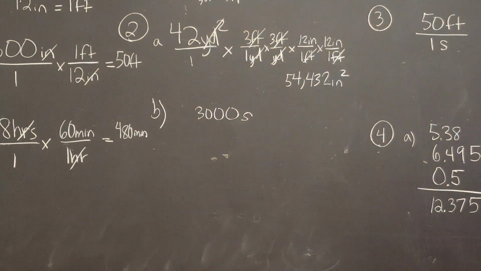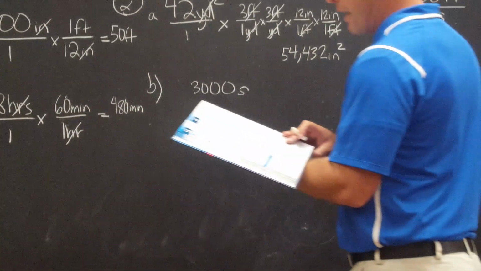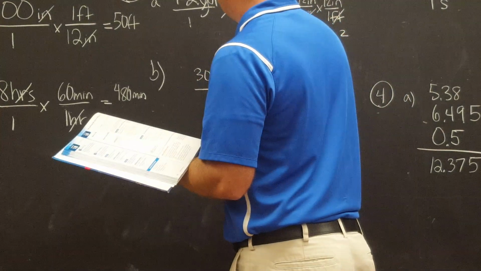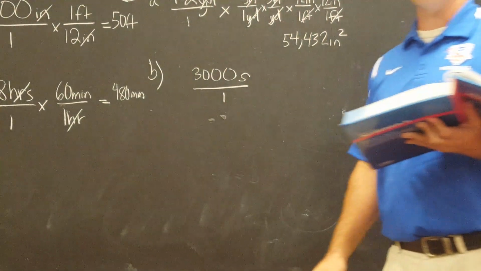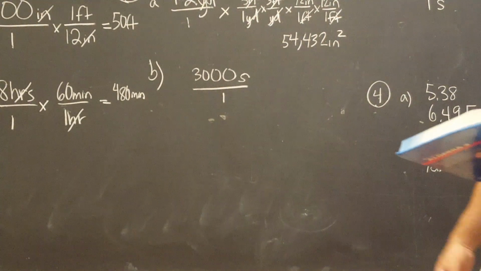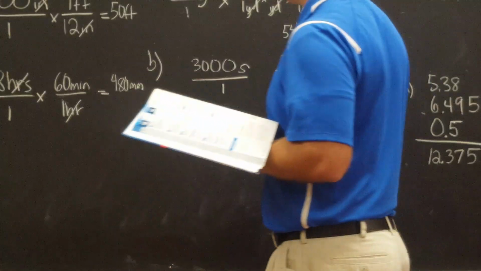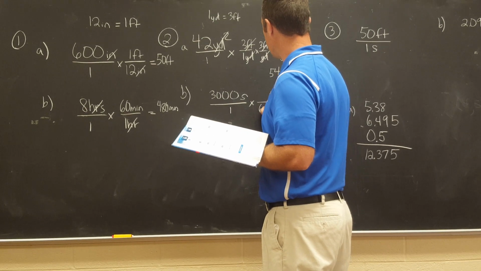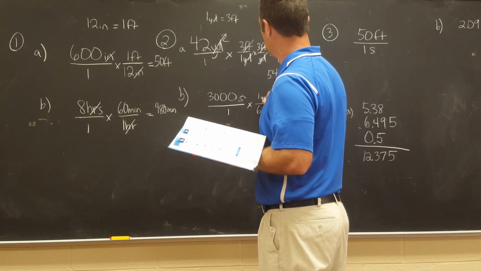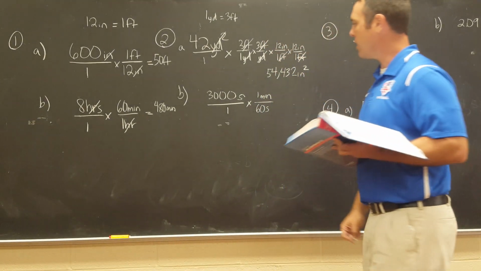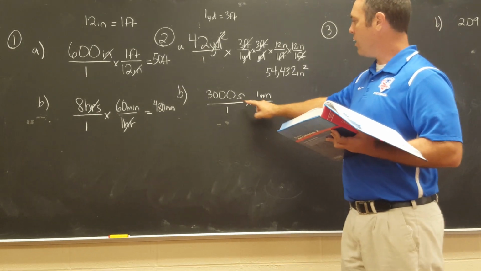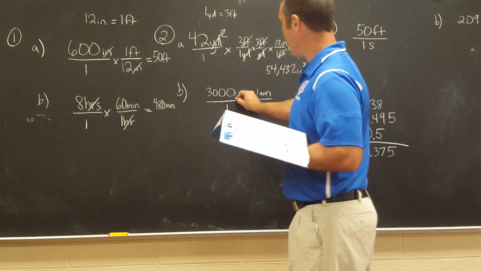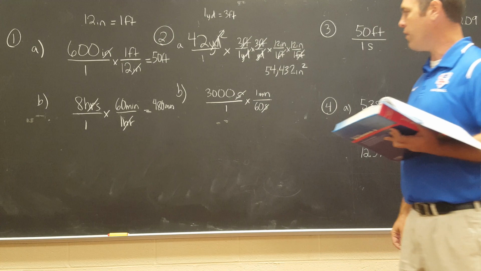All right, letter B. We're converting time. They want us to convert 3,000 seconds into hours. You may know how many seconds are in an hour, but if you don't, we've got it. We'll go from seconds to minutes and then to hours. There are 60 seconds in 1 minute. We make sure our units are one in the numerator, one in the denominator, so that they cancel, just like we have with variables.